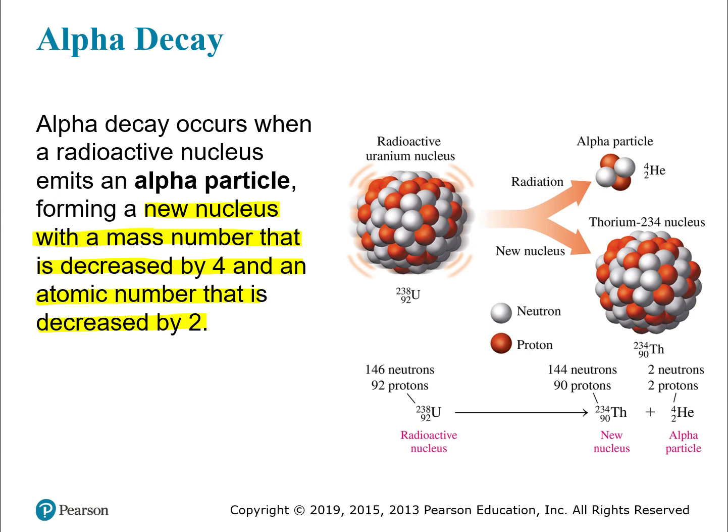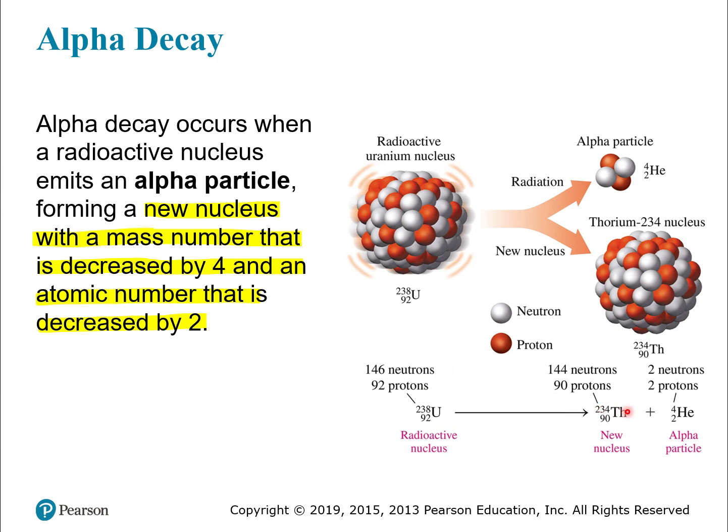On the right, you see an example of this where we're starting with uranium and its mass number is 238, which means that it has 92 protons and 146 neutrons.